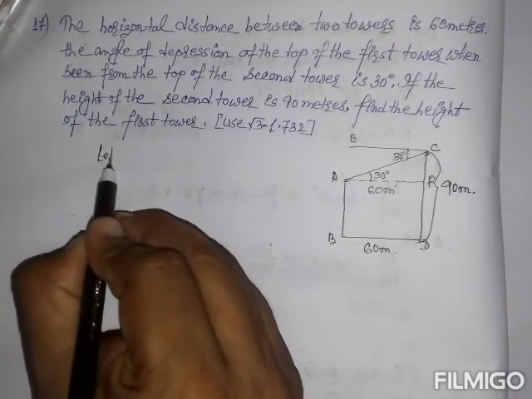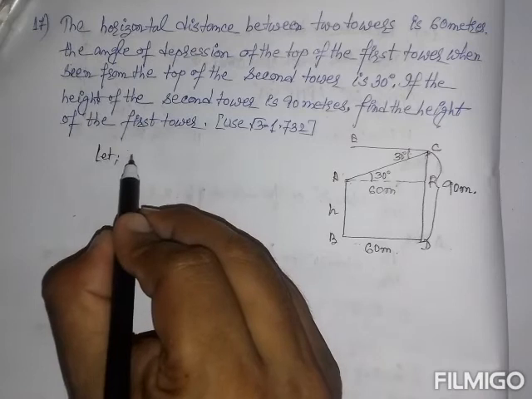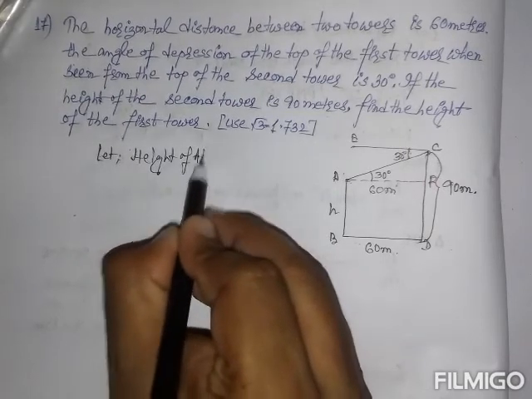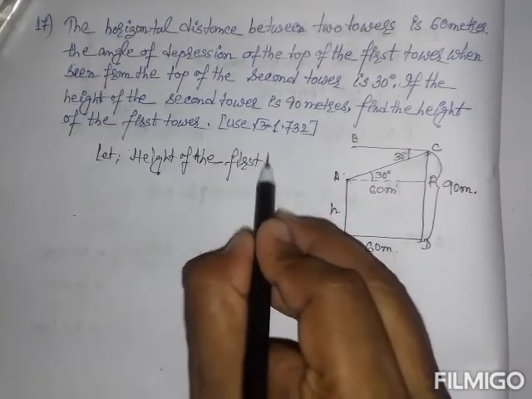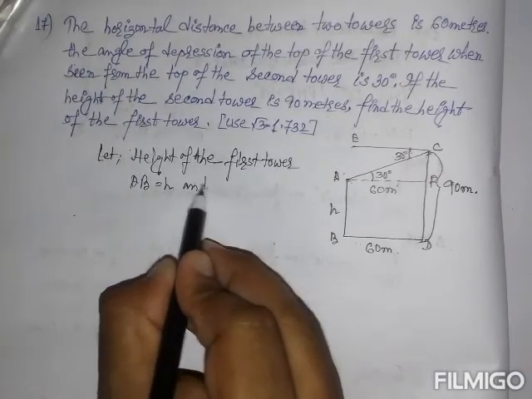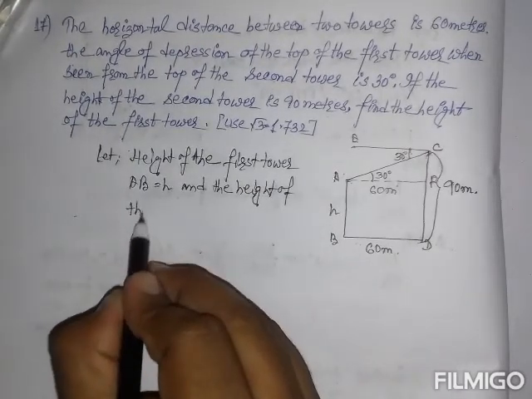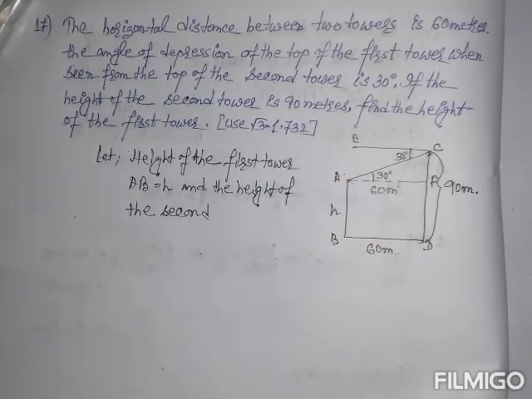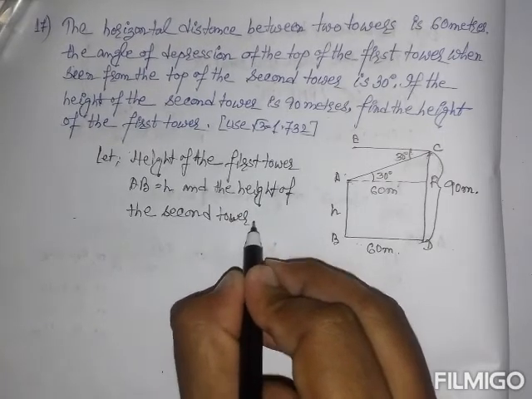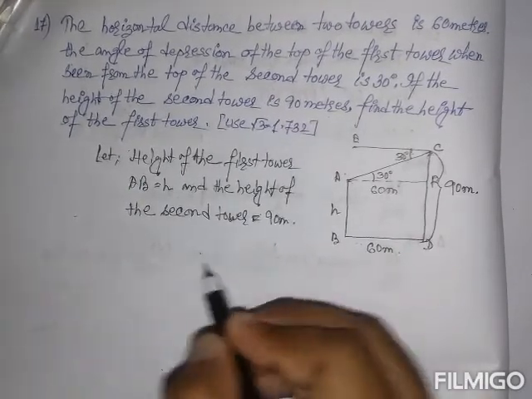So now let the height of the first tower AB be H and the height of the second tower CD be 90 meters.